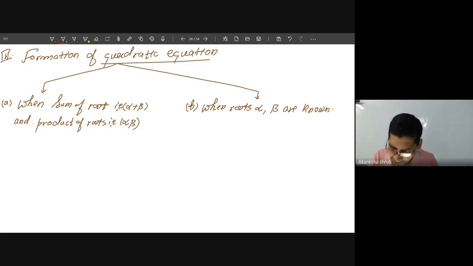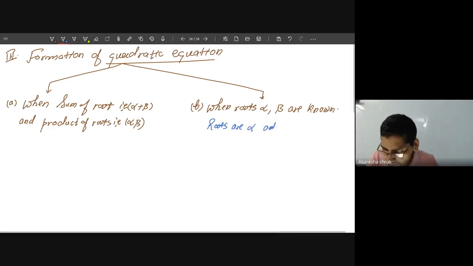Okay? So therefore, say when the roots are alpha and beta, what does it mean? It simply means x has the value alpha and x has the value beta.